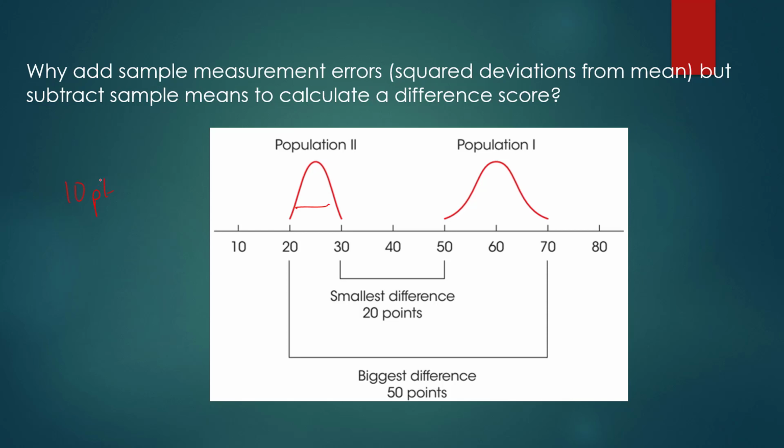And there's a 20-point difference in population 2. That gives us a 30-point difference if we add that up. If we look at the differences here, the biggest difference is 50 points, and the smallest difference is 20 points. If we subtract these, so we added those up here, we get, again, a 30-point difference.